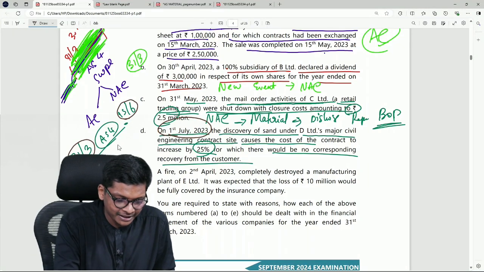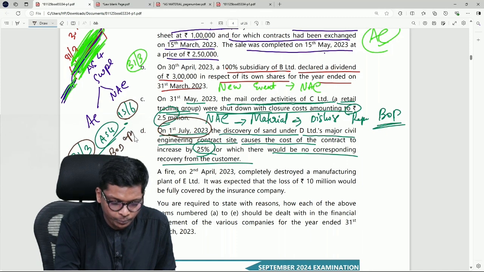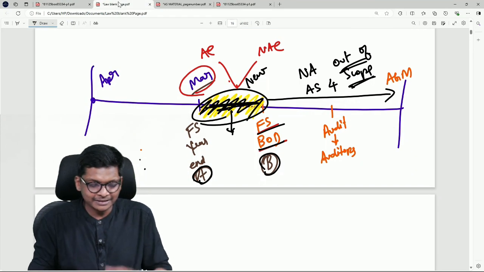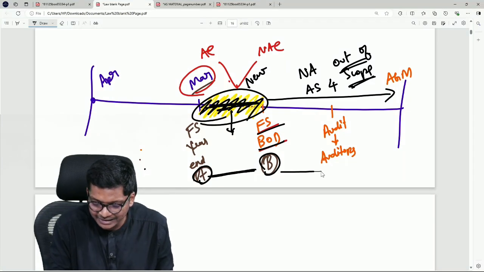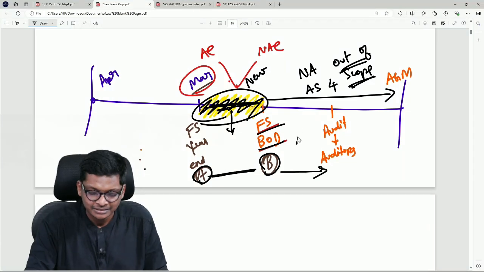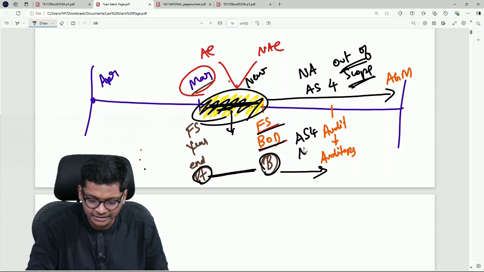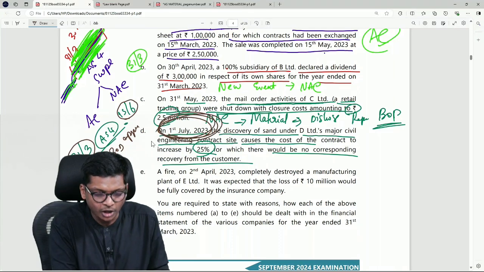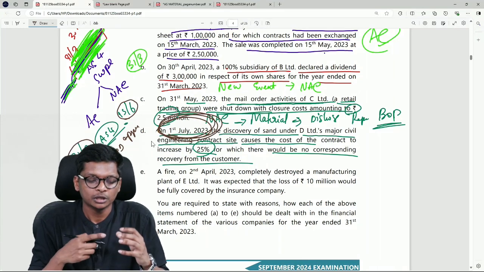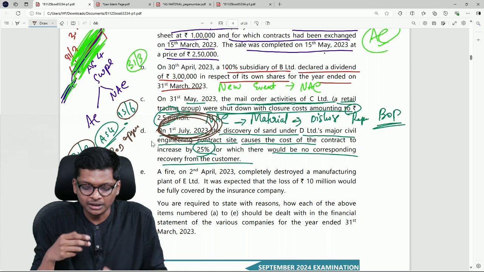So this is happening after the board of directors approved the FS. That means in our diagram, this is not happening between A to B, it's happening after B. That means AS4 itself is not applicable. The event is happening after the board of directors approved. So AS4 is not applicable.